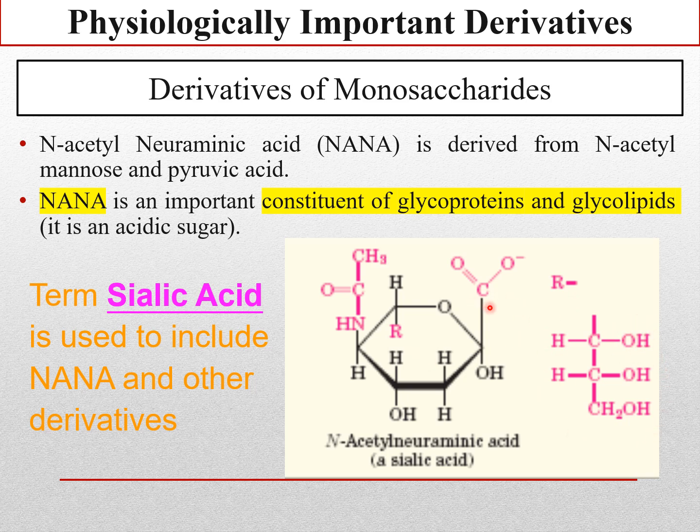And also the carboxylic group with hydrogen removed, so it has charges. So overall, it has charges, and it is known as NANA or N-acetylneuraminic acid. And this belongs under a bigger group known as sialic acid.